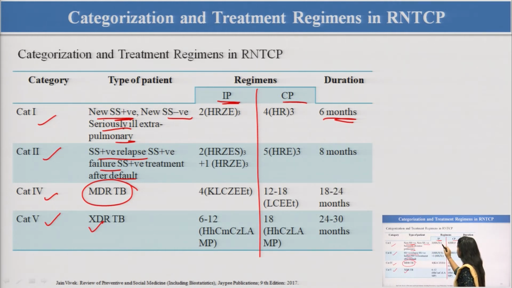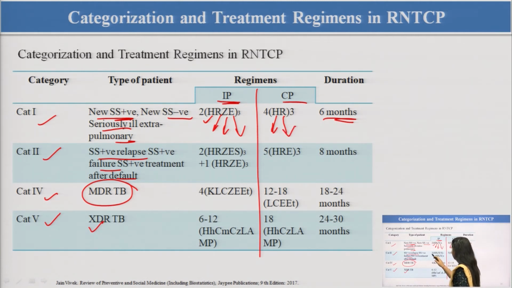We are giving HRZE. Let me tell you what HRZE means: H is isoniazid, R is rifampicin, Z is pyrazinamide and E is ethambutol. In the continuation phase we give therapy for 4 months, isoniazid and rifampicin.